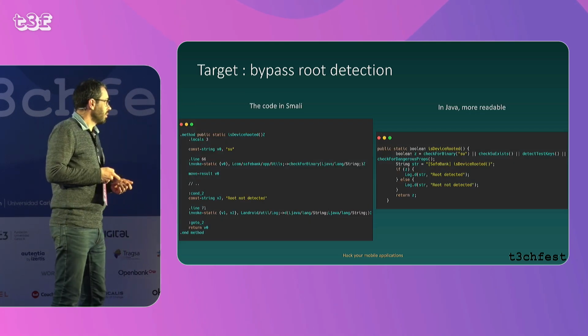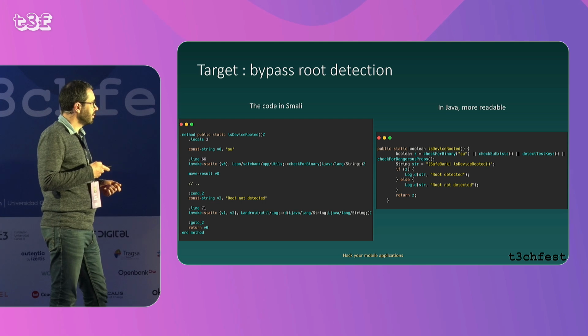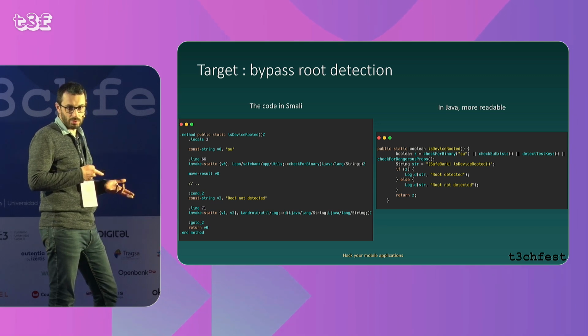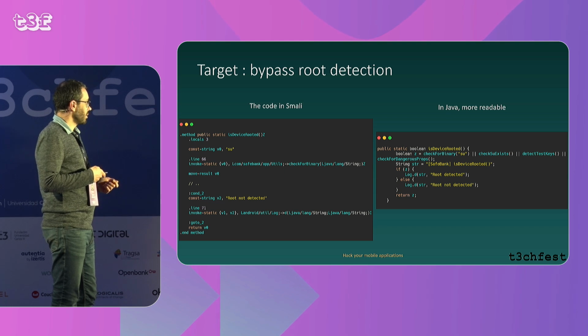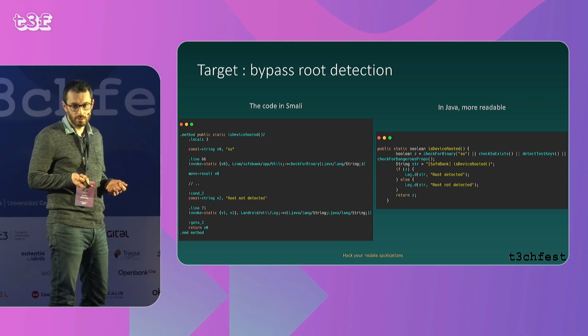Okay, so now I will check in the class. What is the method isDeviceRooted? Okay, fine. It tests it, and finally it returns a Boolean. So I understand that if I return false, it's okay. I will not change the Java file, but here I have the Smali, so I just have to return here another value.